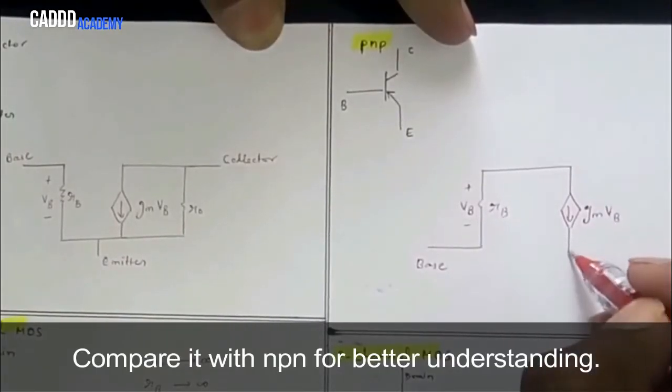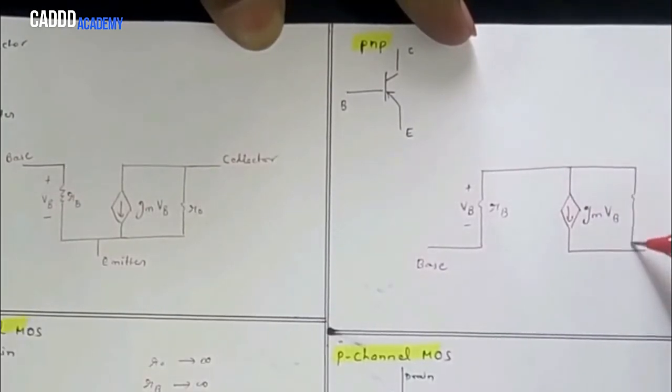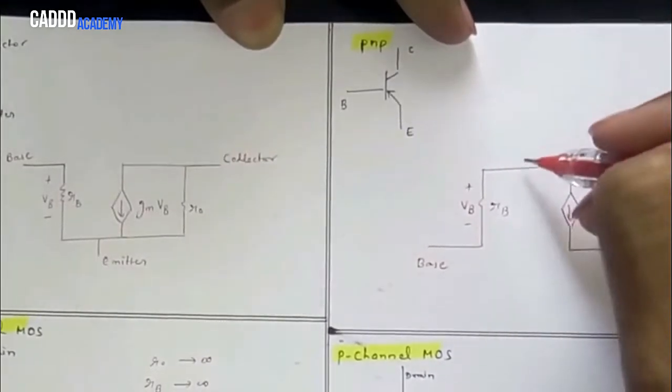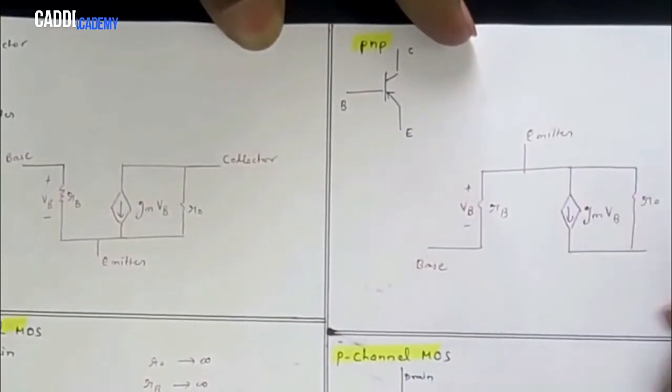And what is left is the output resistance, R0. This terminal will be the emitter terminal, and this one is the collector.